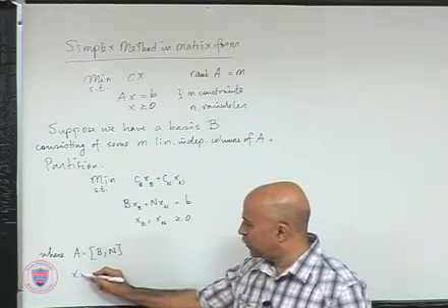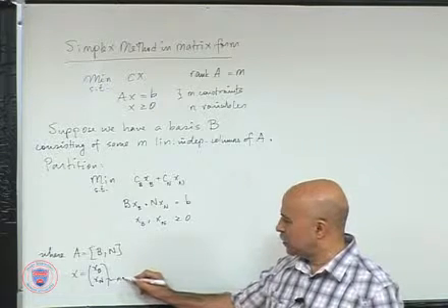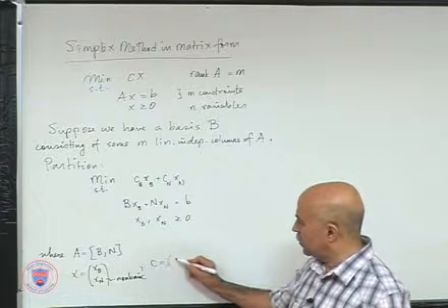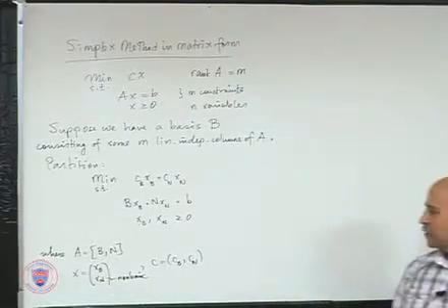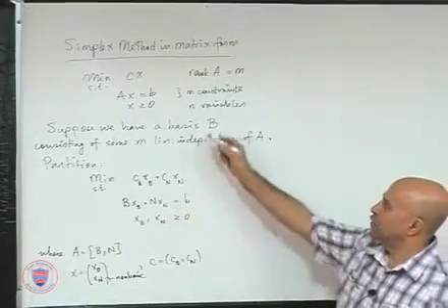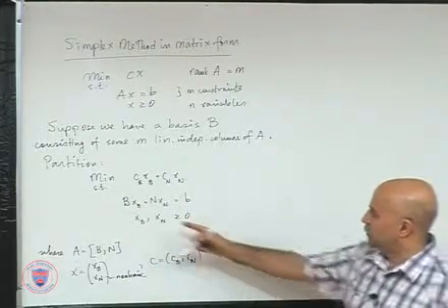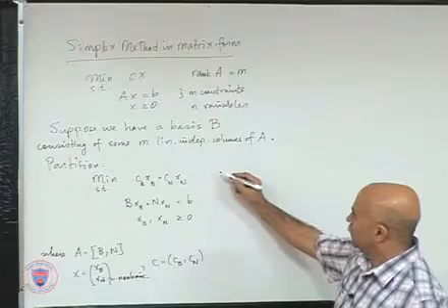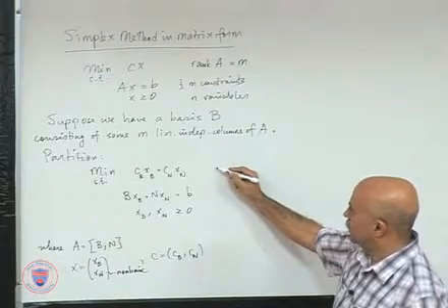And of course, x is partitioned in the form x_B, x_N, where x_N is the non-basic part. And c is partitioned in a similar way: c_B, c_N, basic costs, non-basic costs, and so on. And so with the partitioned form, this problem is nothing but the old problem written out relative to the basis B.